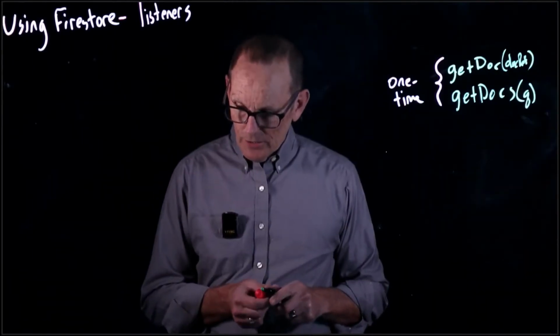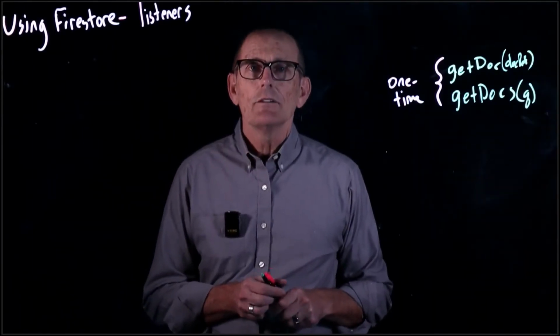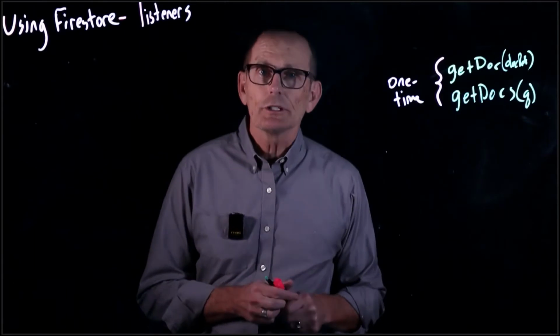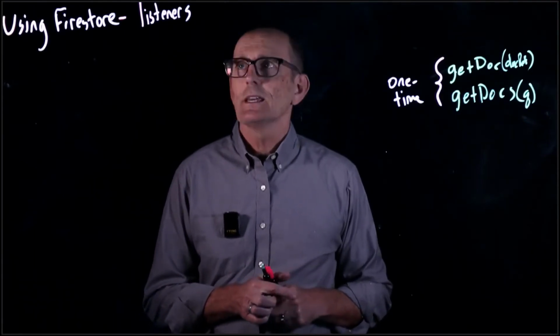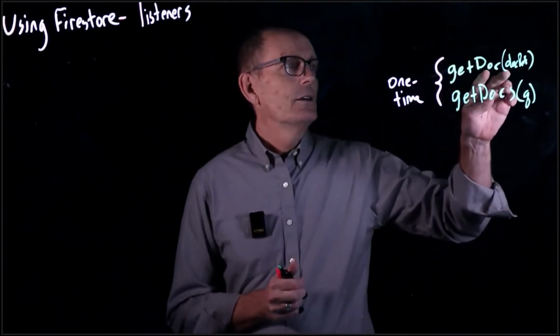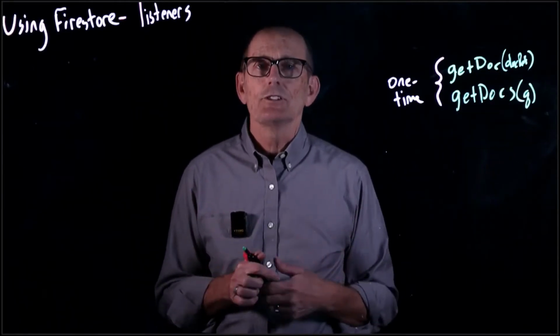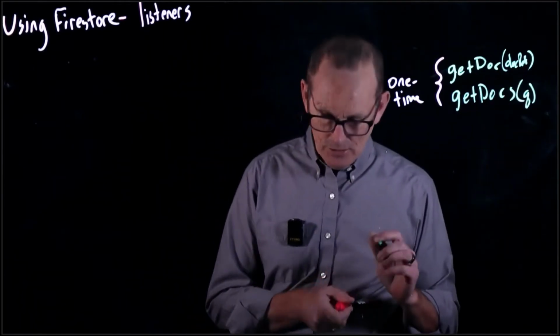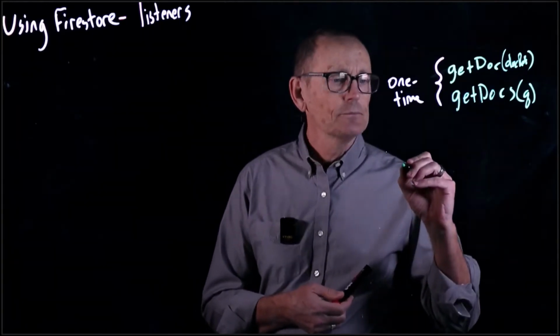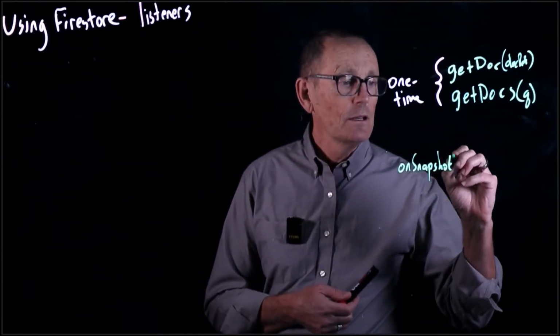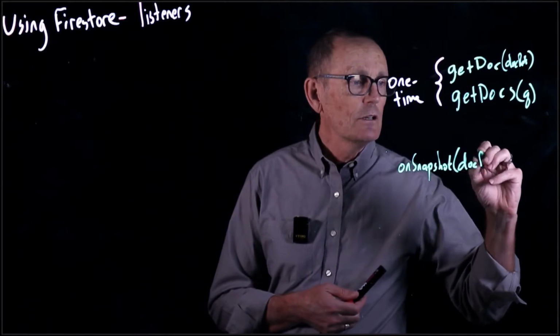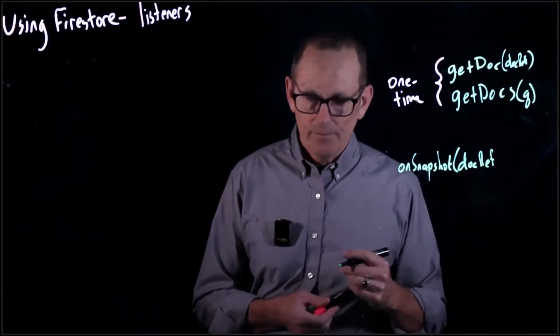There is also the possibility of having a recurring notification. You say, I want to listen for this document ref, and I want you to call me back whenever it changes. That is onSnapshot. So we can pass in to onSnapshot a docref.